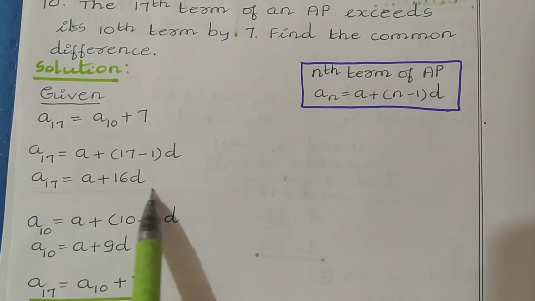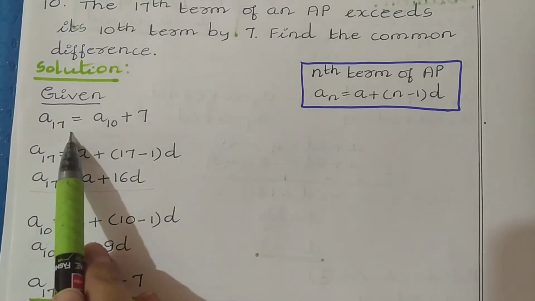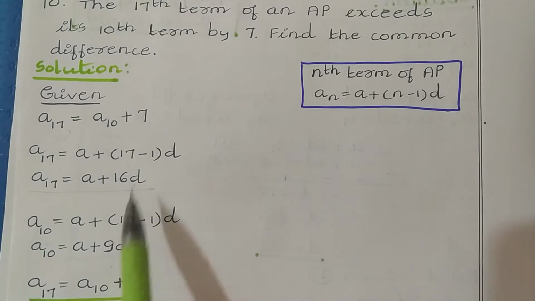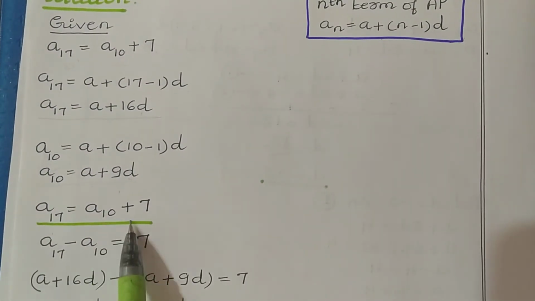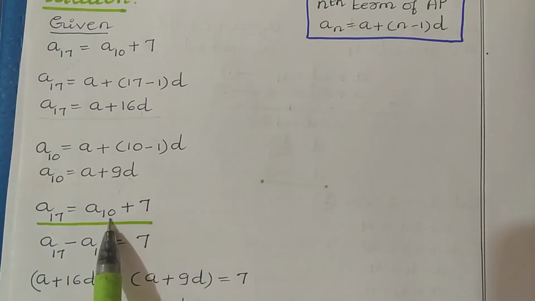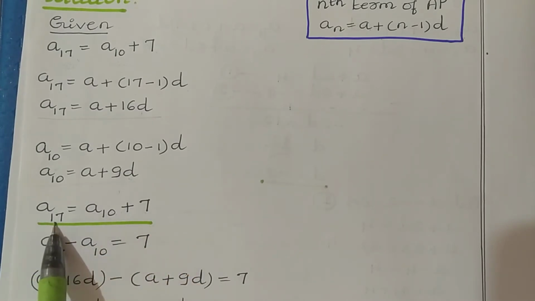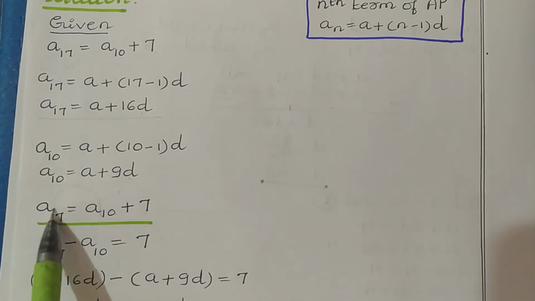We now know the value of A17 and A10. Now substitute these two values. A17 is equal to A10 plus 7. This is given in the question, that is, the 17th term is 7 more than the 10th term. So A17 minus A10, this I am taking to the left hand side.